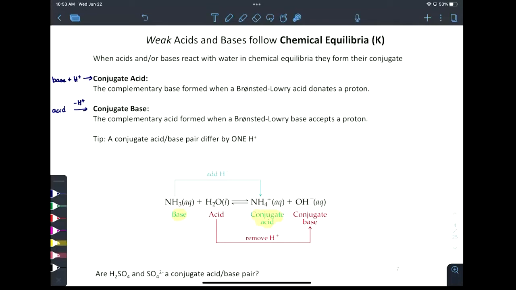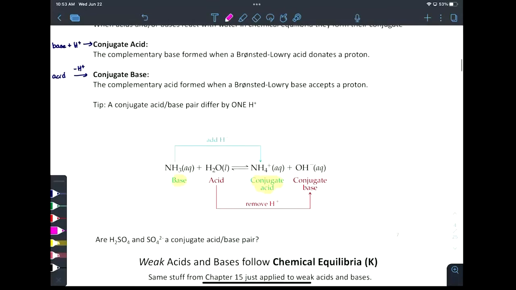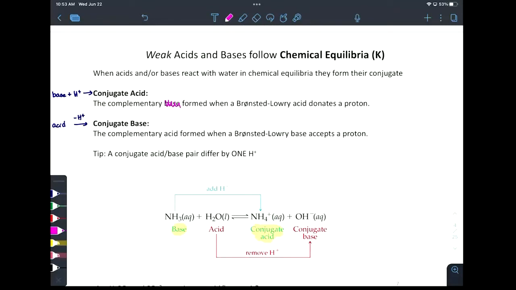I think I have these backwards. When a Lewis acid, do I have these backwards? Hold on. The complementary base formed when a Lewis acid, yeah, sorry, these definitions are backwards. Complementary acid formed when a Bronsted base accepts a proton.